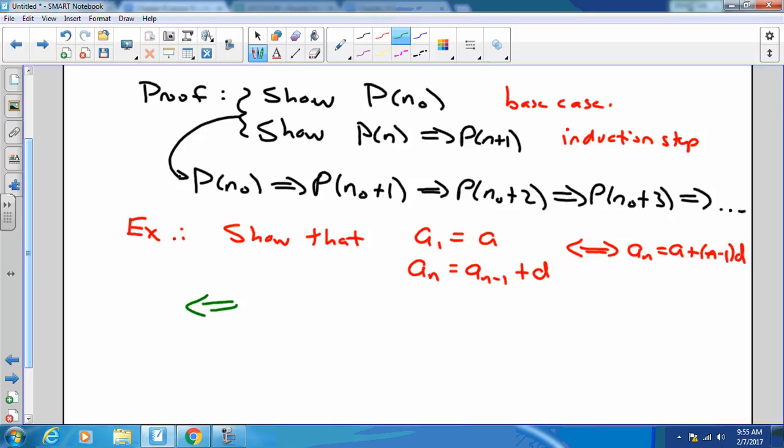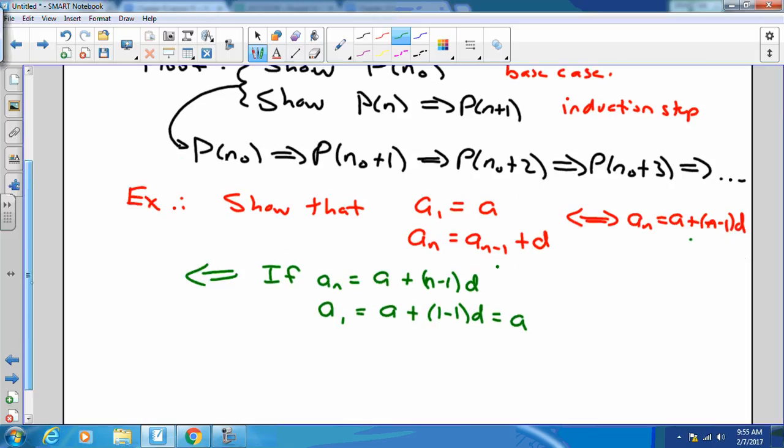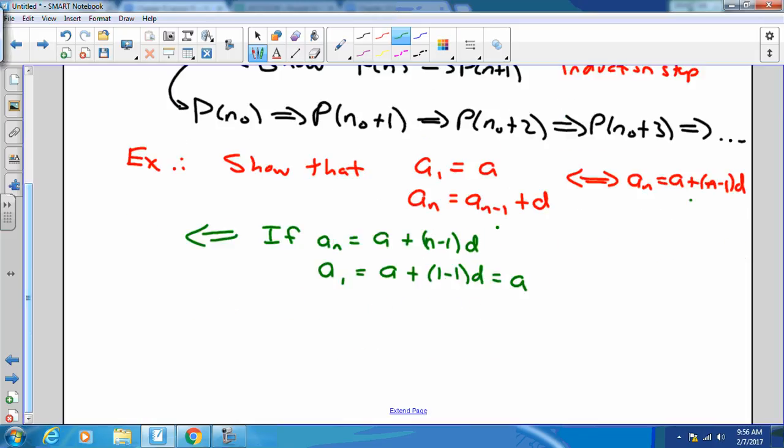Mathematically, this is the way that we denote that a lot of times. So we are going to start with this and get to here. But that's pretty easy, because if a(n) is equal to a plus (n-1) times d, then clearly a1 is equal to a. It's just a matter of plugging in.